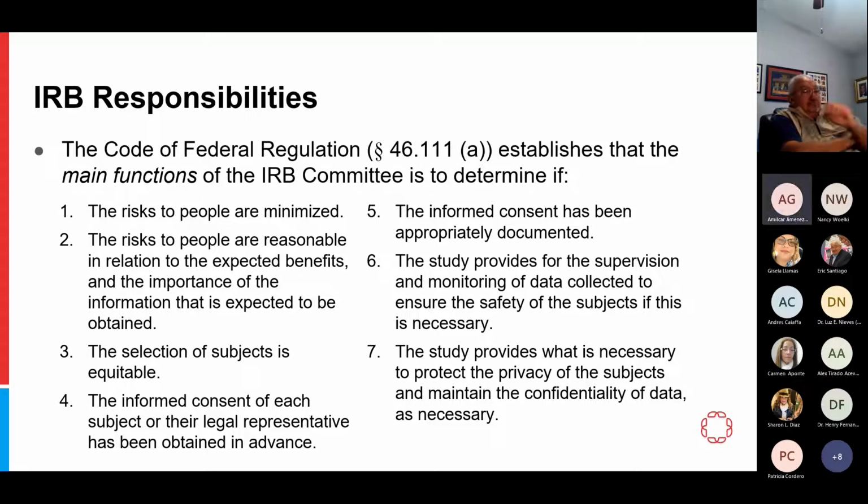This is very important because I have read sometimes in proposals that the researchers, the students, write down that the collected data will be in a drawer in the desk of the researcher. That's not in compliance.